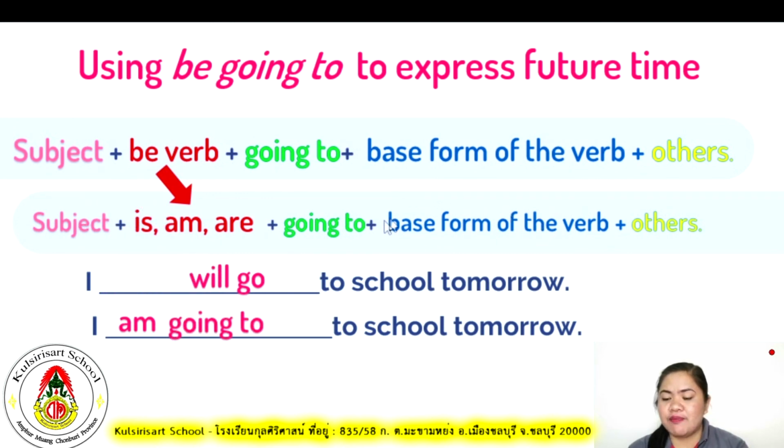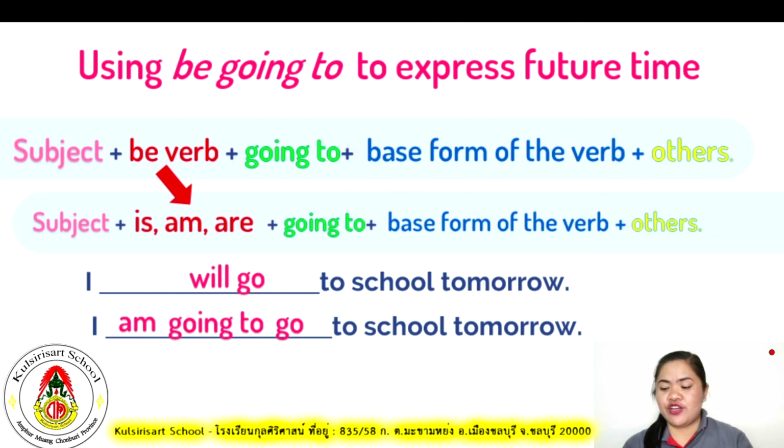And what is the base form of the verb? By the way, where is our verb here? Our verb here is go. What is the base form of go? The base form of go is the same, go. So the sentence will become, I am going to go to school tomorrow. Both sentences are expressing future time, whether we use will or be going to.